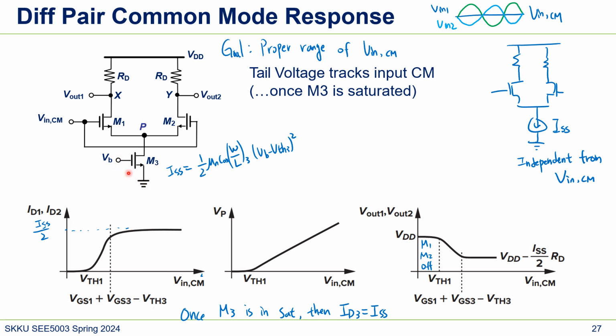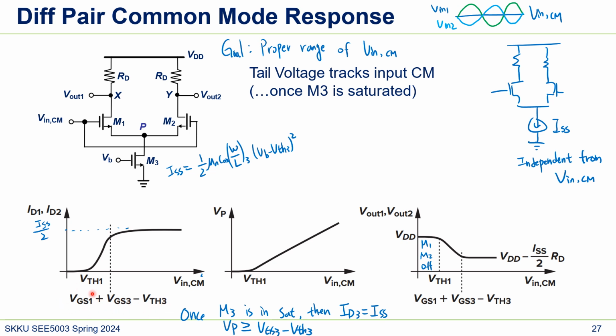VGS3 minus VTH3: to make M3 saturated, VP should be larger than VGS3 minus VTH3. That part corresponds to here.